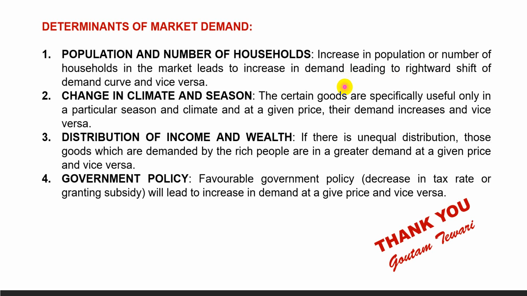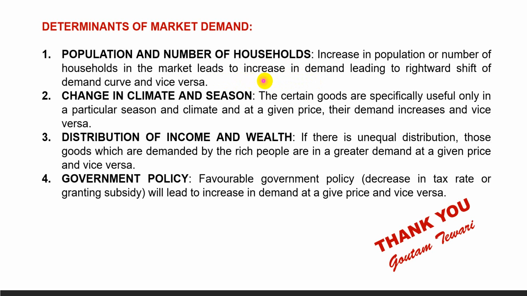Moreover, if with the increase in population the ratio of children in the total population increases, then the demand for goods used by children, such as milk, toys, etc., will also increase. And if there is a decrease in the population, then the demand for the commodity will decrease.